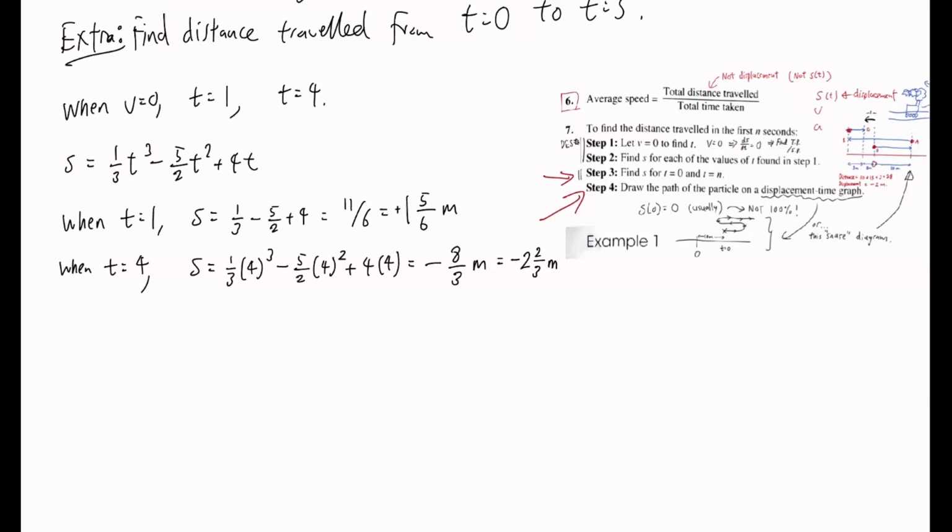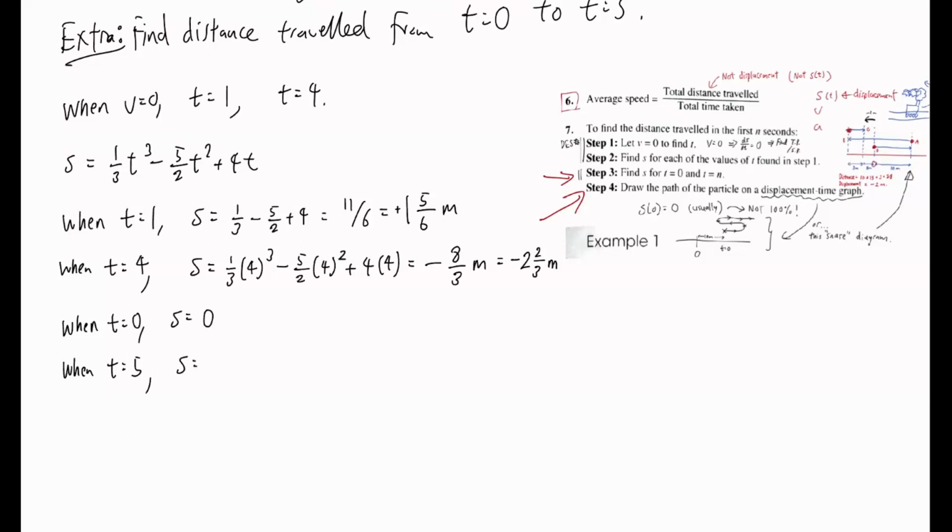Okay, let's go on. Now step 3, find S for t equal to 0 and t equal to 5. Now when t equal to 0, by default, you have to assume t equal to 0, s equal to 0 if they never say. They say from a fixed point O, typically t equals 0, s equals 0. And find when t equals 5.